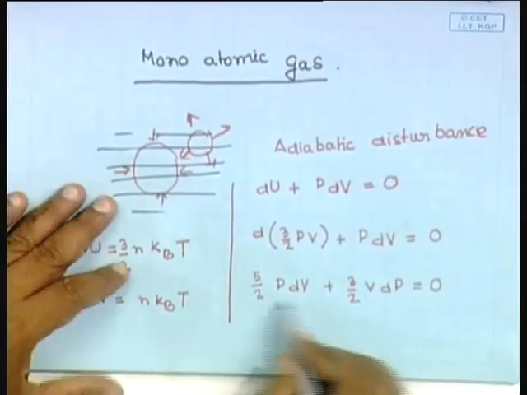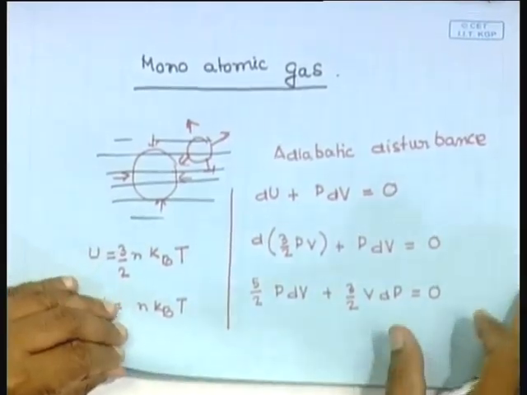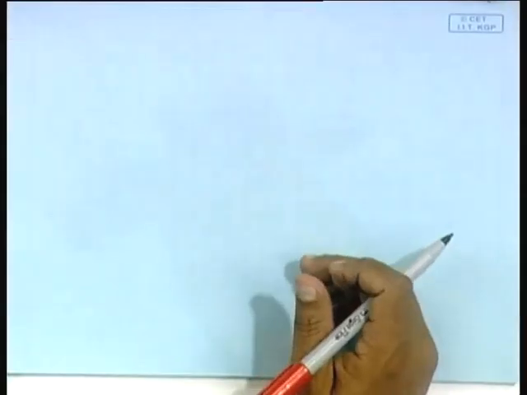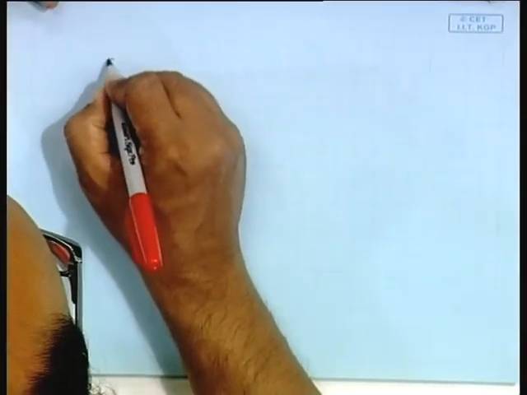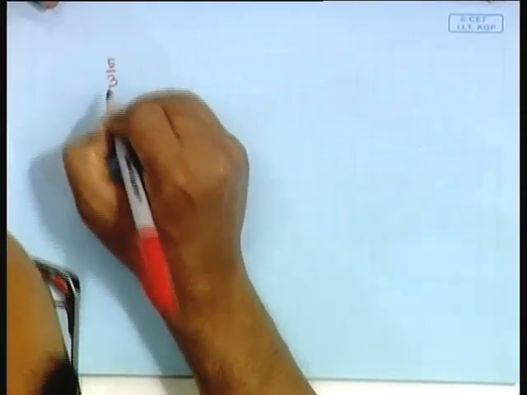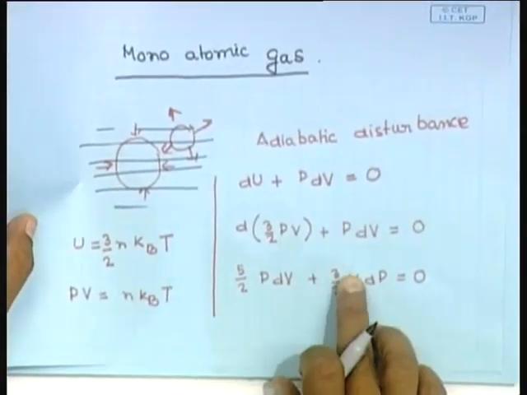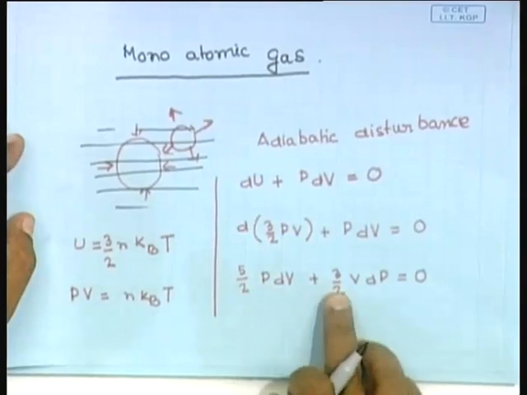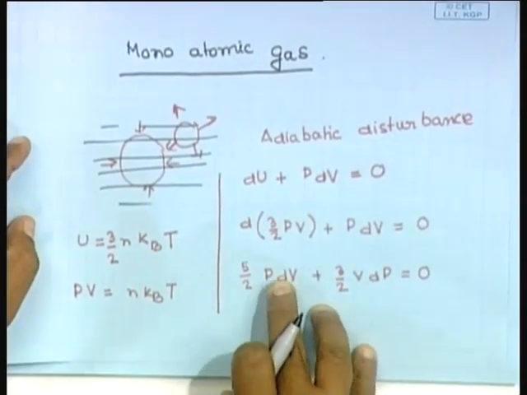Now what you do is very straightforward. You divide this whole thing by P times V, and what you have is 5/3. I am dividing so that the 2 in the denominator can be done away with. I divide this by P times V, so P cancels out.